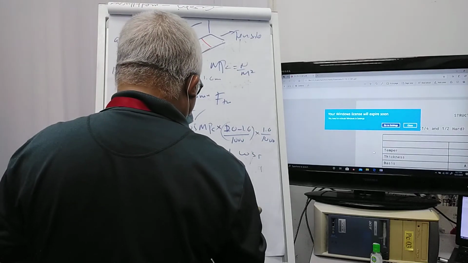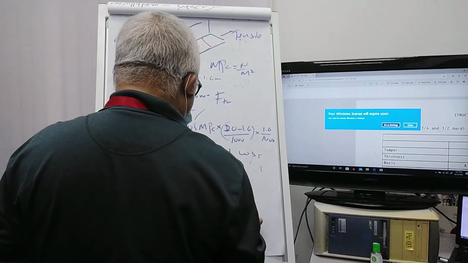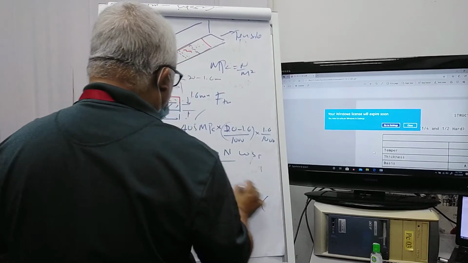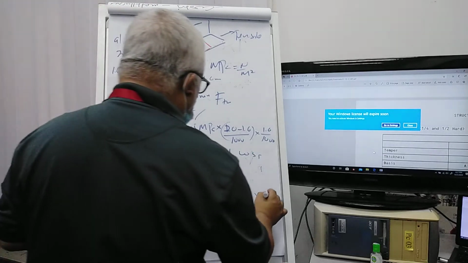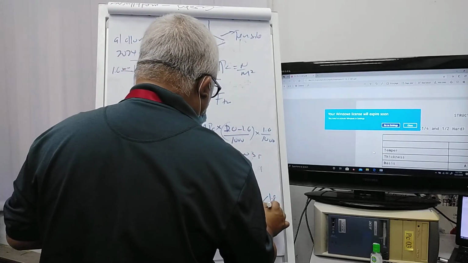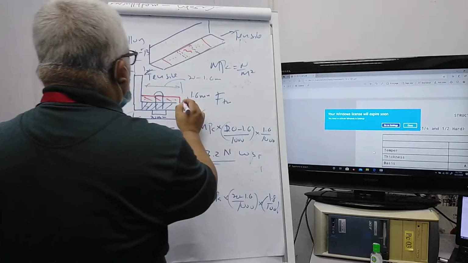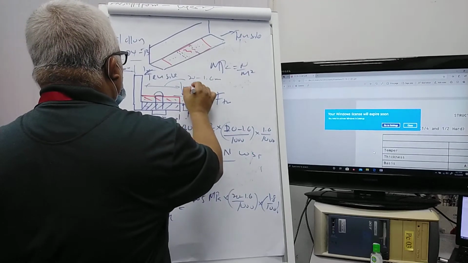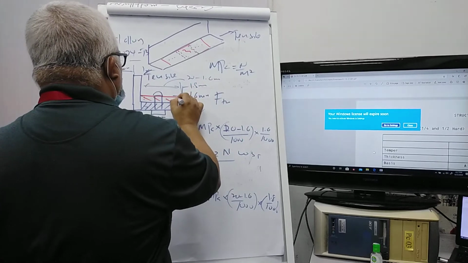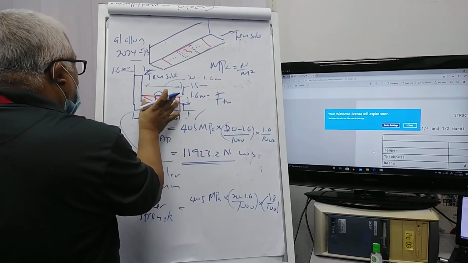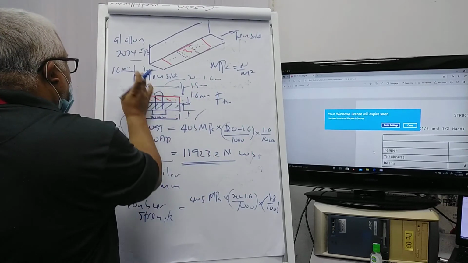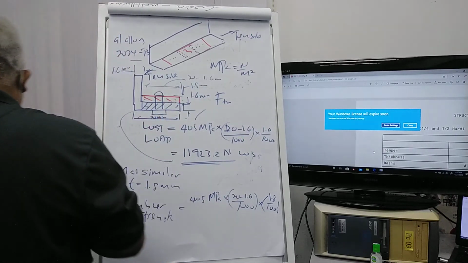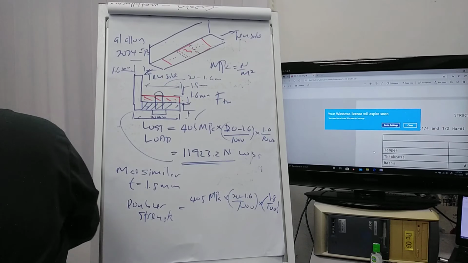So 20 minus 1.6 converted to meter. Now you multiply by the thickness, because you have chosen 1.8, so from here to here is 1.8. So the area is 20 minus 1.6 times 1.8. So it will be the doubler strength.